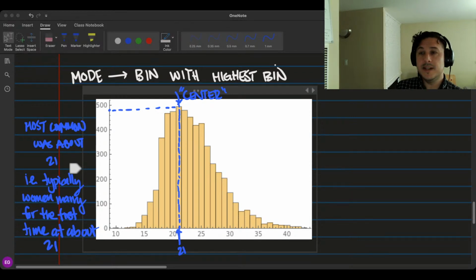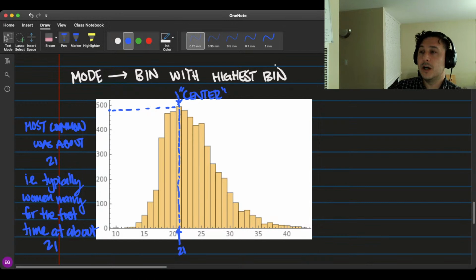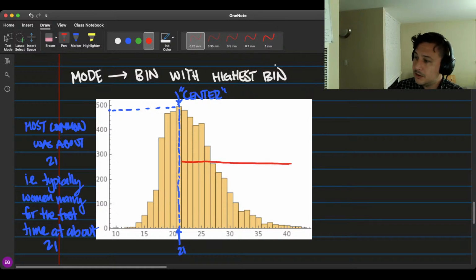Now you use the center to measure the length of what are called the tails. There's a right tail and a left tail. The right tail starts at the center and goes out all the way to the very last bin. You see how the last bin is right here, and I made that little red line going all the way out to there? This is the right tail.